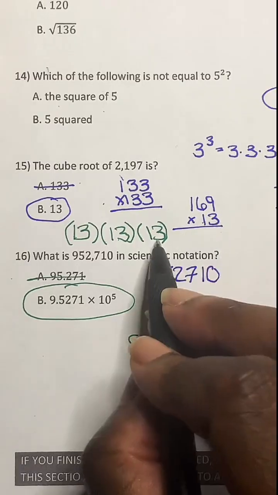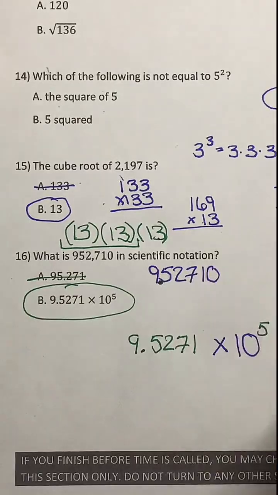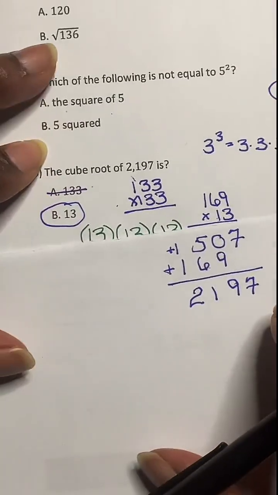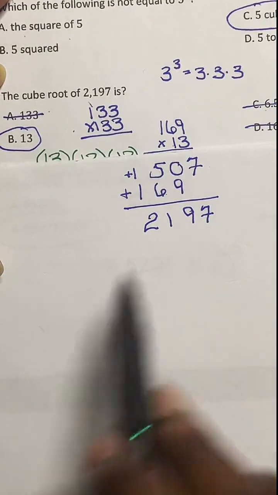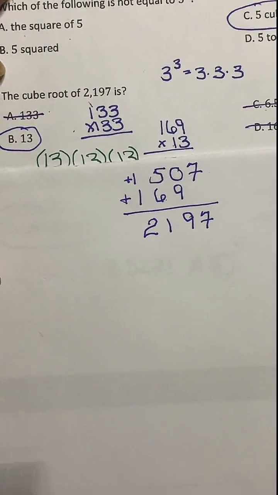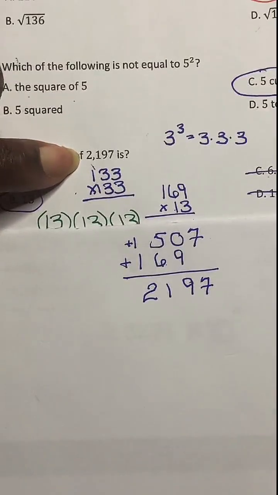If I take that 169 and multiply it by 13, that's where I got our 2,197. So we need a number that could be multiplied 3 times to give me 2,197.